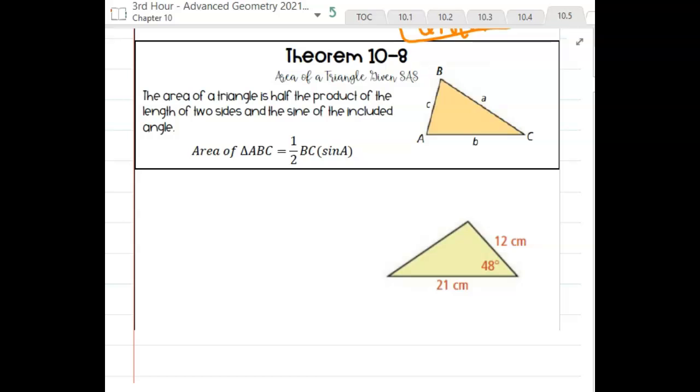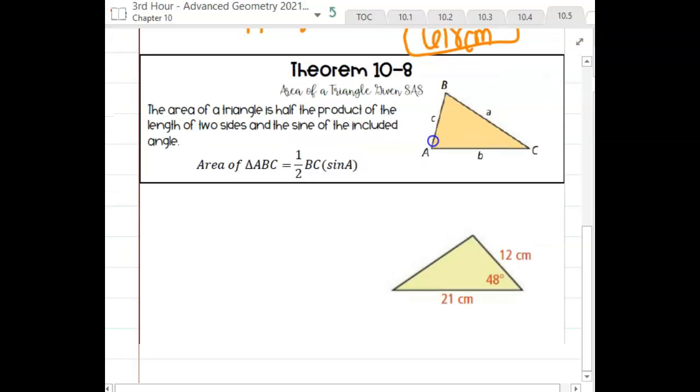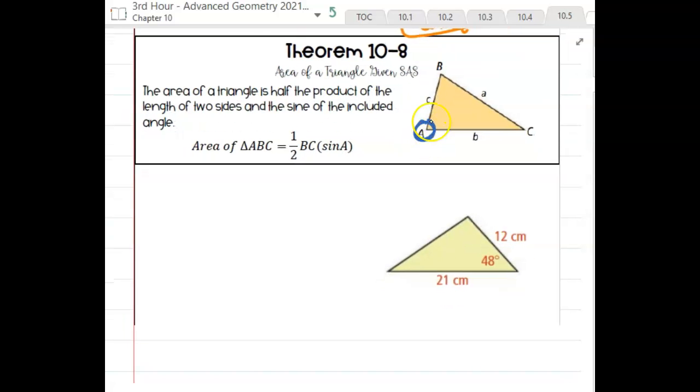Here's what this means. Let's say they gave you the measure of angle A. You're going to decide what sides to use depending on what angle you have, because it has to be the included angle. So angle A is included between that side and that side.